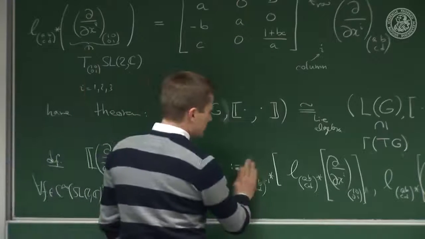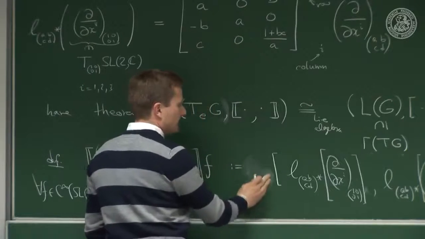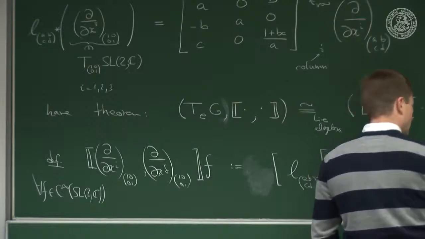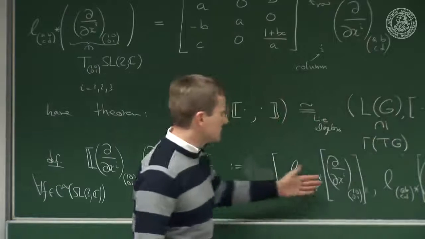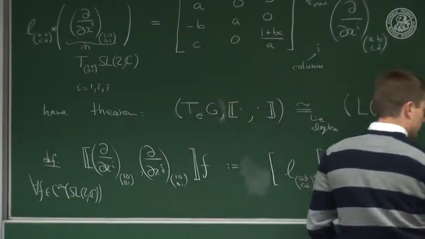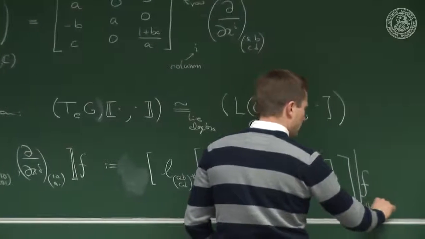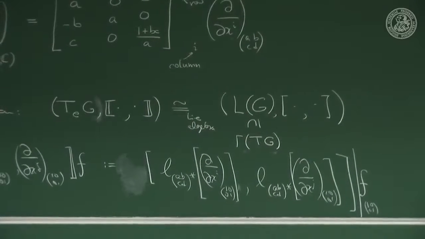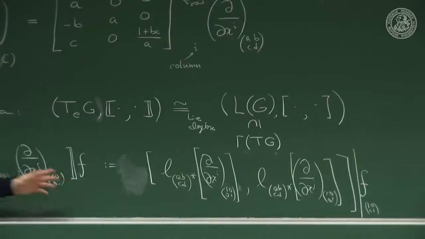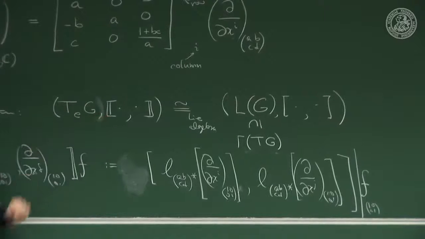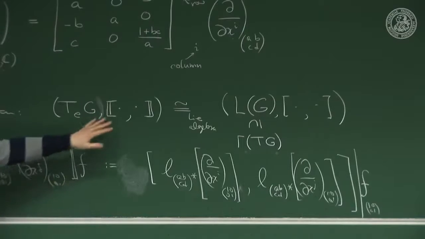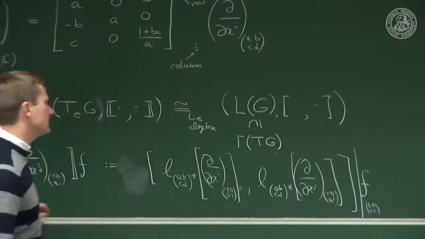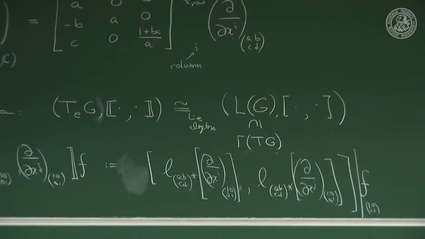But an even easier way to obtain the relevant vector at the identity is to evaluate the whole guy here, so this bracket, to evaluate it at the identity before we apply it to the function f. So we get a vector at the identity. So this fully defines this Lie bracket on this tangent space, but in order to study the corresponding structure here, we definitely need to calculate the right-hand side.